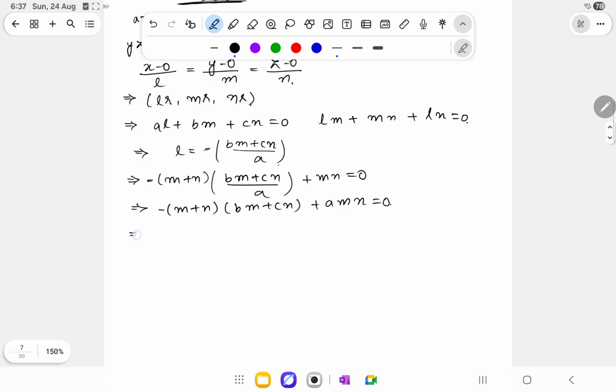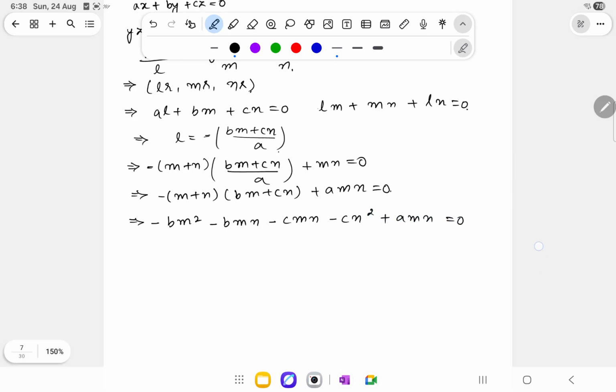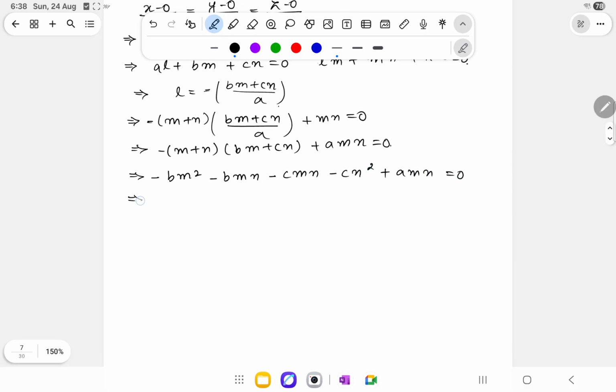So I can simplify it to get minus bm square minus bmn minus cmn minus cn square plus amn equals 0. If I club all the coefficients of similar variables together, I'll get bm square plus cn square plus (b plus c minus a)mn equals 0.